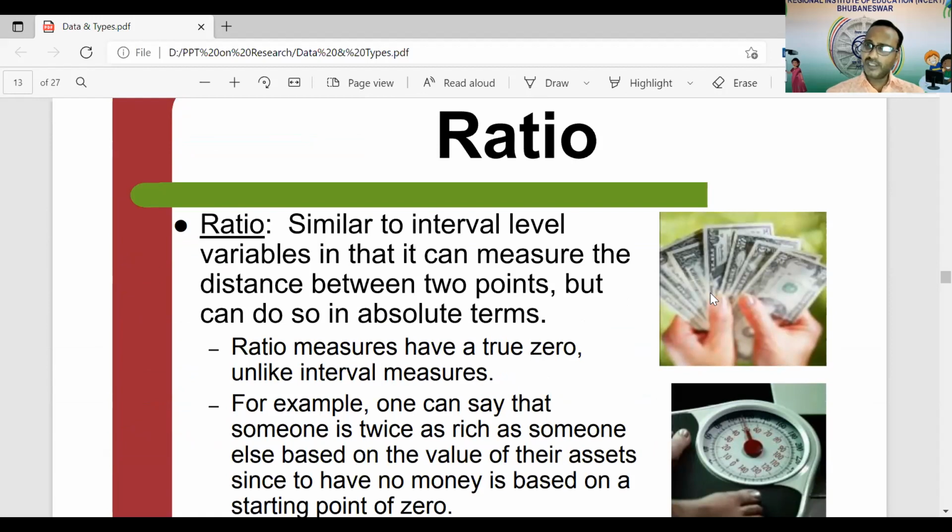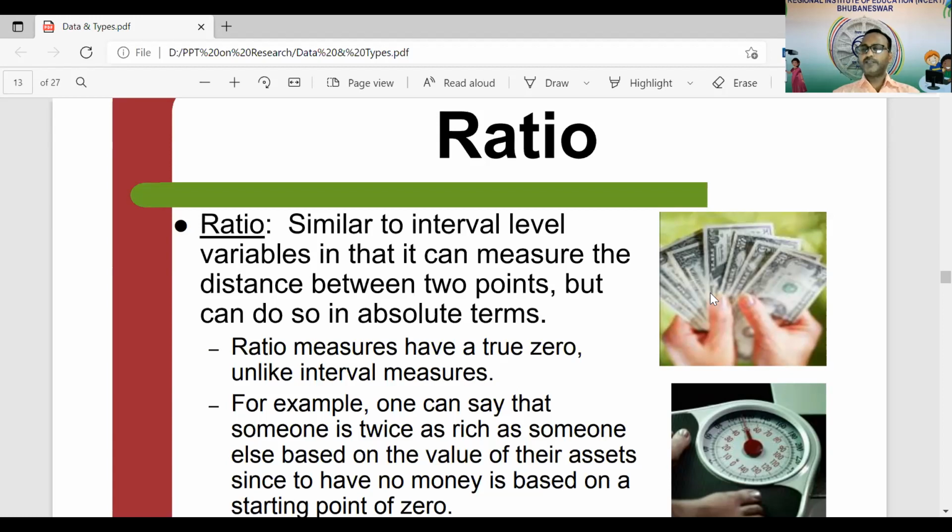Ratio scale has all the properties of interval scale plus absolute 0 point, and therefore the ratio scale is used in science, medicine, in scientific research, where there is 100% objectivity, where there is 100% absoluteness.